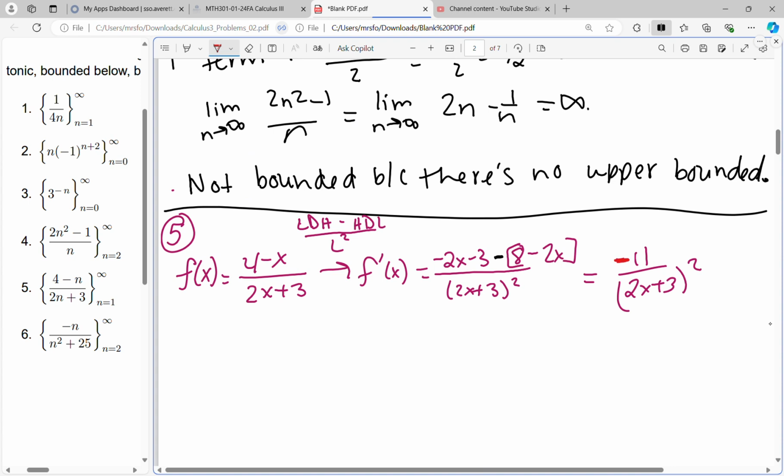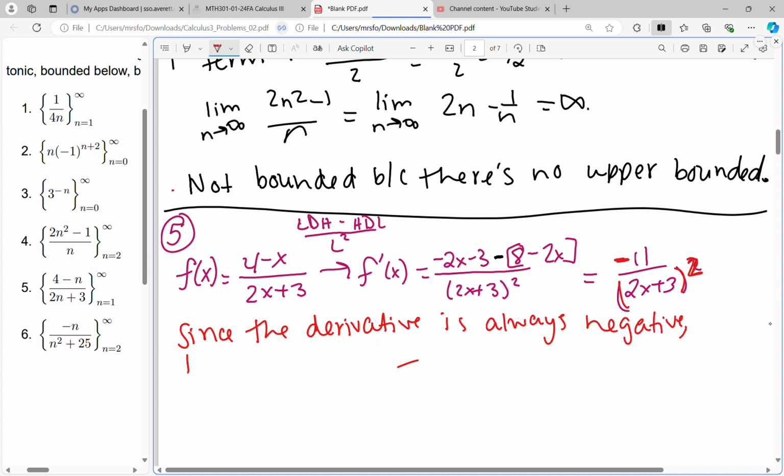You see this negative? The bottom is always going to be positive due to that squared. So since the derivative is always negative, then this is decreasing.